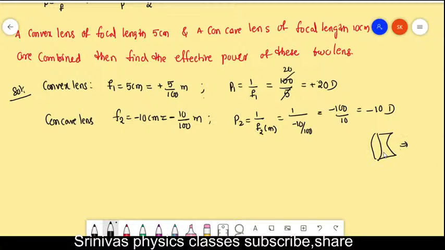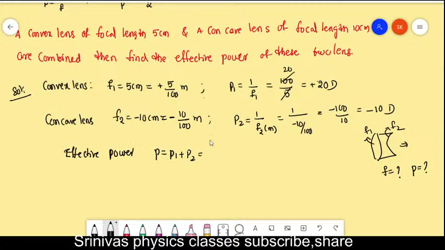If these two lenses act as a single lens, one convex and the other concave, with focal lengths f1 and f2, then their effective power we can find out. I gave the formula for the effective power also: P is equal to P1 plus P2.